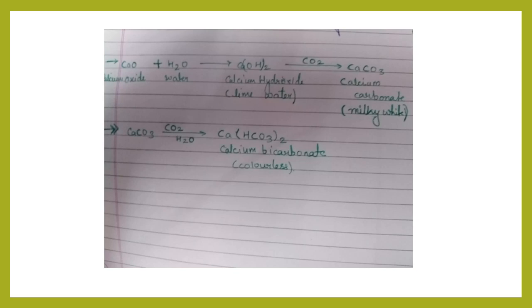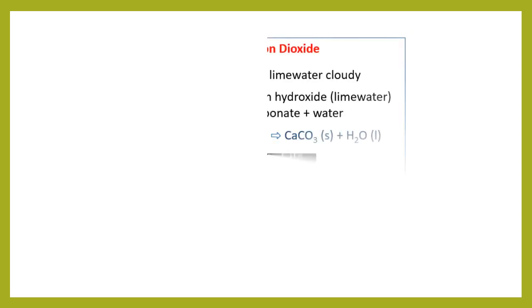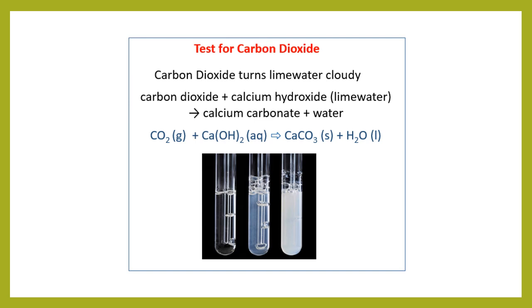Now, when more CO2 is added, it will form calcium bicarbonate, which is colorless. So here we have seen in this particular diagram that it turns almost milky.